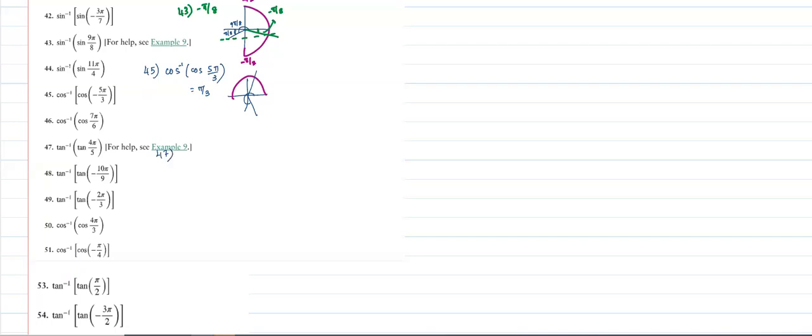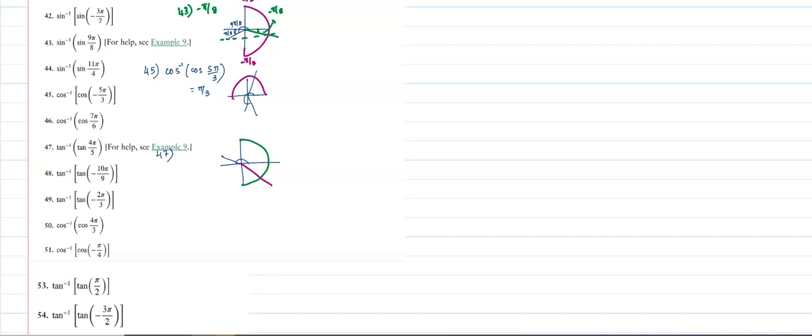Where is 4 pi over 5? 4 pi over 5 is here. So if I want to find a value for tangent, I have to push it to this interval, negative pi over 2 to positive pi over 2. Now, tangent is negative in the second quadrant. That means my equivalent angle needs to come from here. So what is that angle?